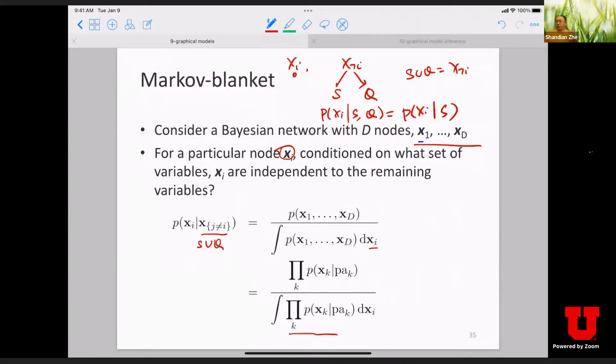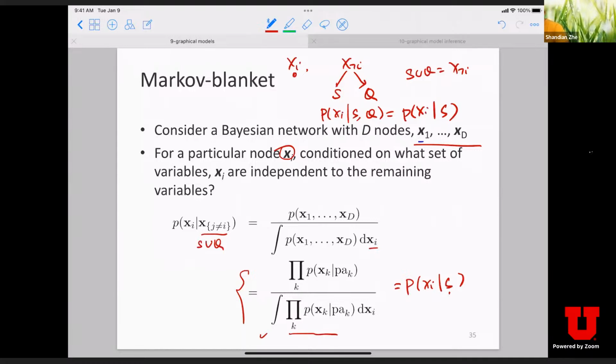If you want to know what S is, it means that after computing this full conditional probability, some variables, namely those variables in Q, must be canceled. After simplification of this fraction, only xi and the variables in S are preserved.